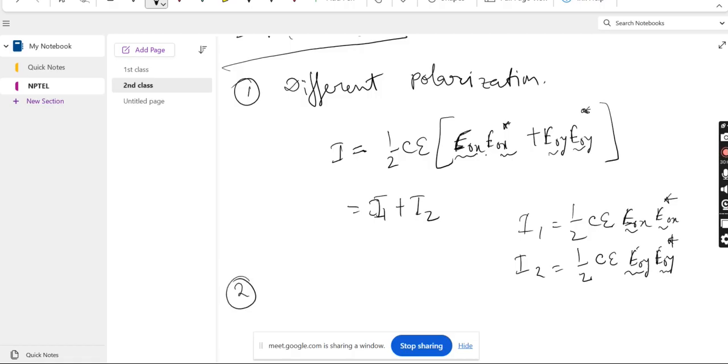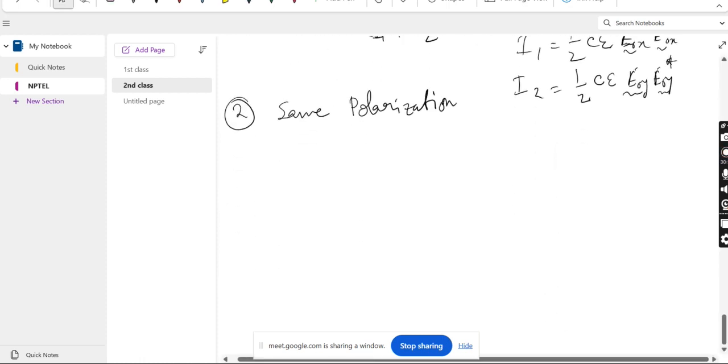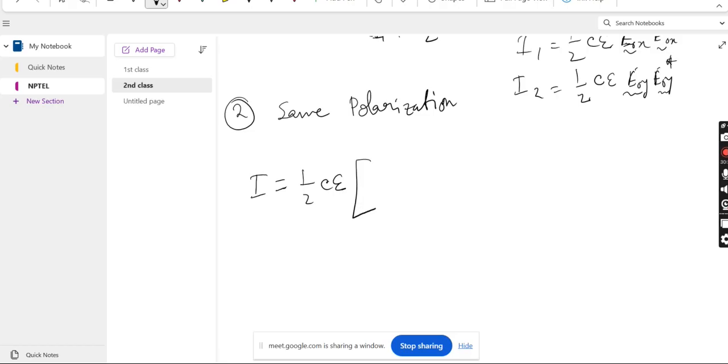Okay. Another situation is same polarization. In the case of same polarization, the irradiance becomes half of c epsilon, E1 E1 star, plus 2 times the real part of E1 dot E2 star.